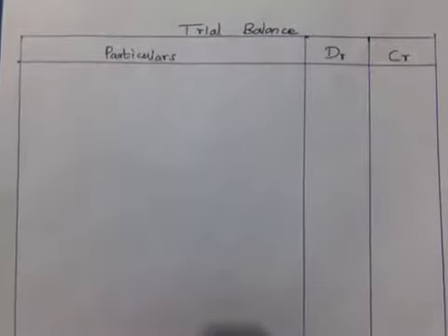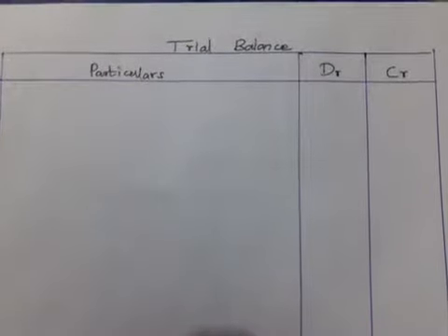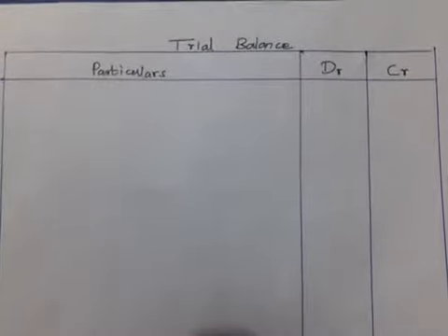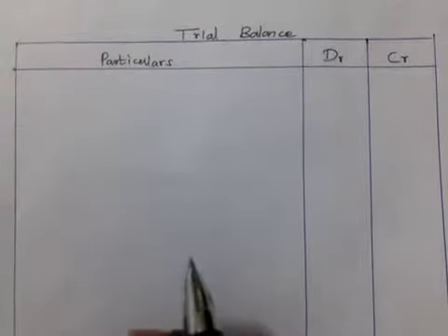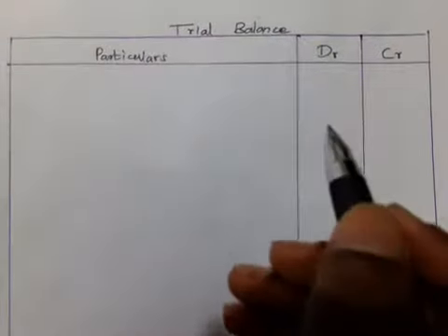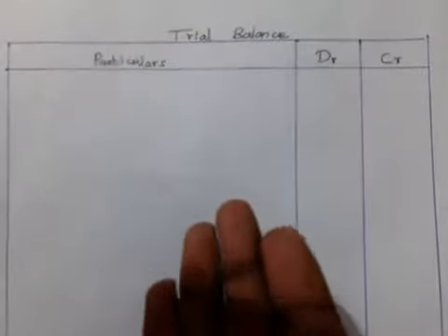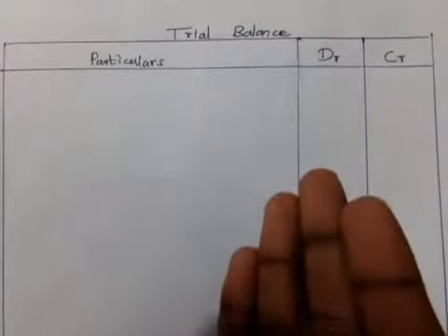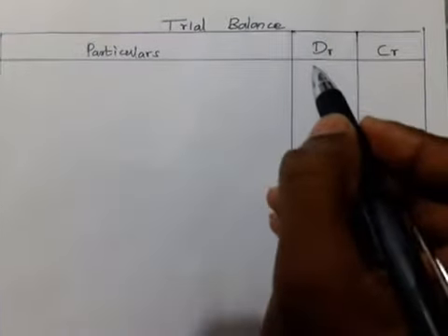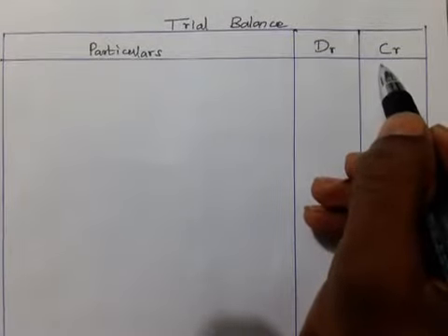After we balanced each and every ledger account, we found the balance amounts: a few are on the debit side and a few on the credit side. So we have to record all those balance amounts in the trial balance. The trial balance is like a statement. I gave the introduction. In this case we will give the name of the ledger account, and we'll record debit balances in this column and credit balances in this column.